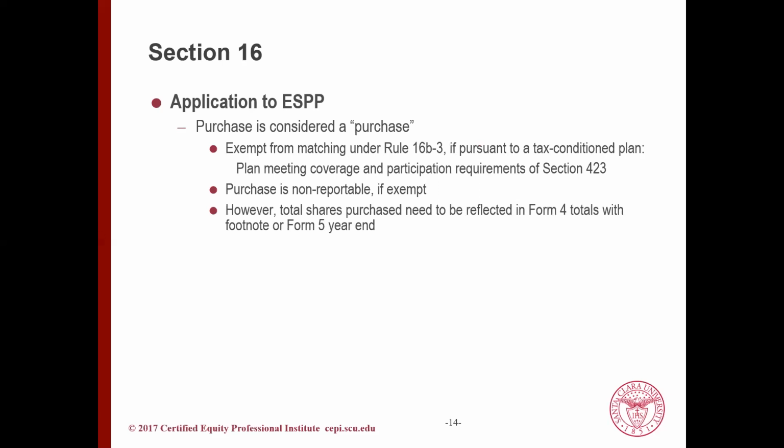But all of the securities people I ever talk to always really want to file a Form 4 for the purchase under an ESPP, which is fine. And shareholders like to know that somebody's purchased shares, so it's fine. But it's a fun little trivia for any nerdy stock admin party you're at.